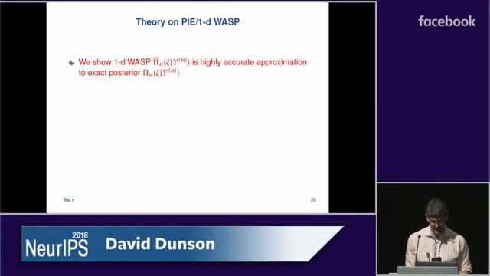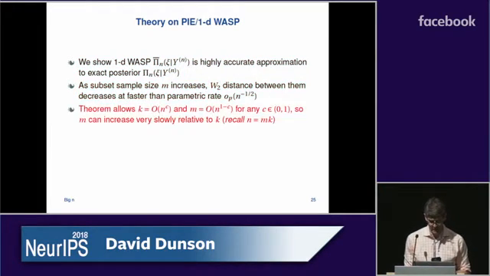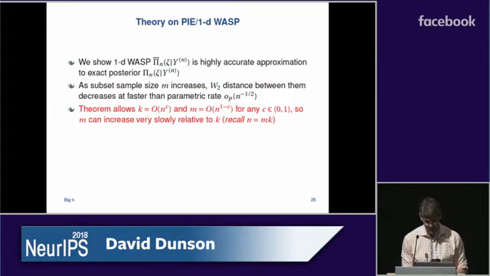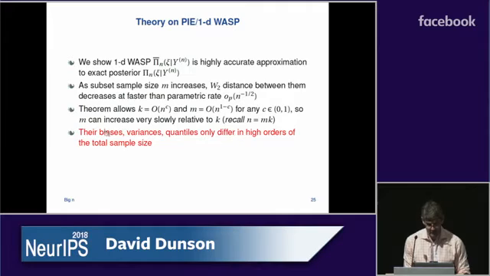I don't want to get too much into the theory today, but as the subset sample size increases, it doesn't have to, it's not really dependent on the subsets getting large, but as they grow rapidly, we can have good accurate approximations.